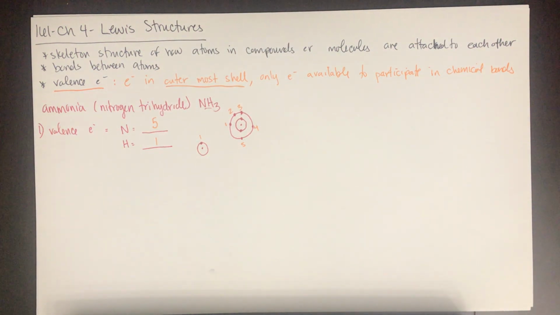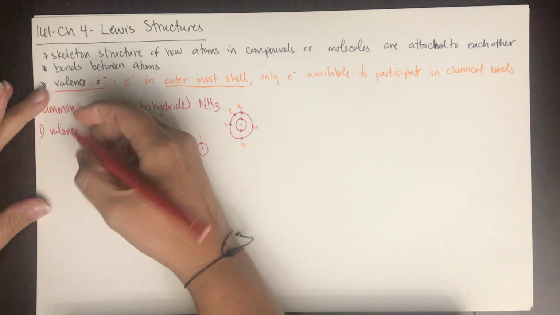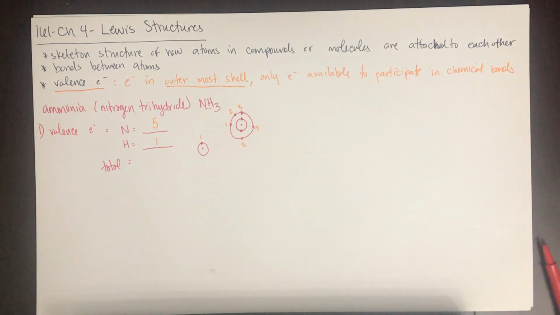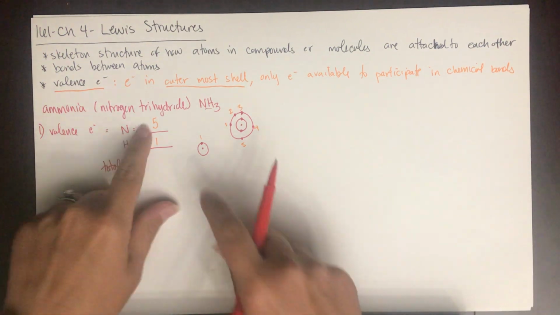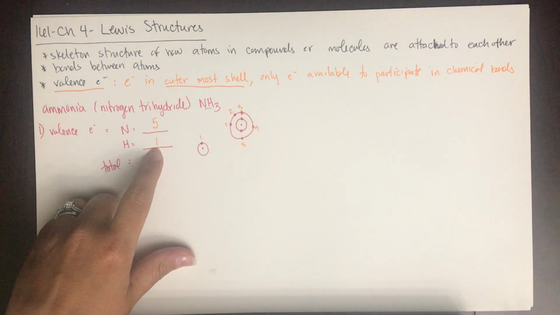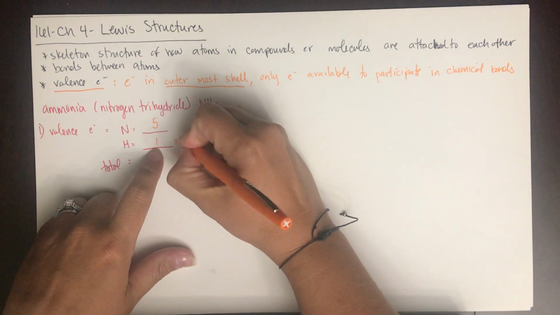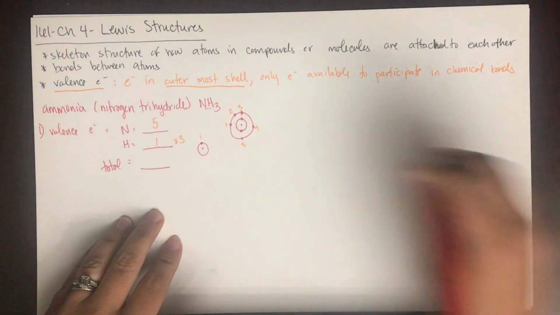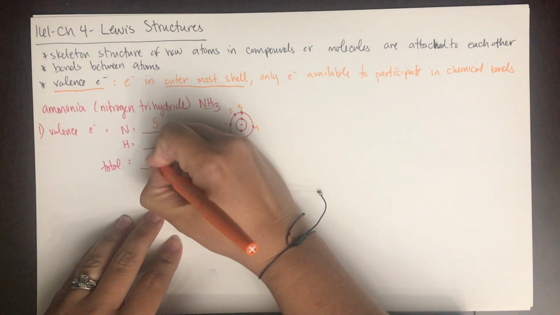So you want to see how many total valence electrons there are. Remember, we have 1 nitrogen and 3 hydrogens. So it's 5 plus 1 times 3. So total valence electrons are 8.